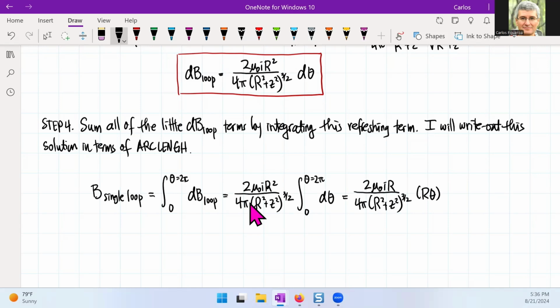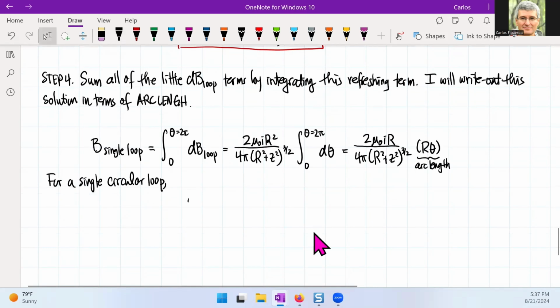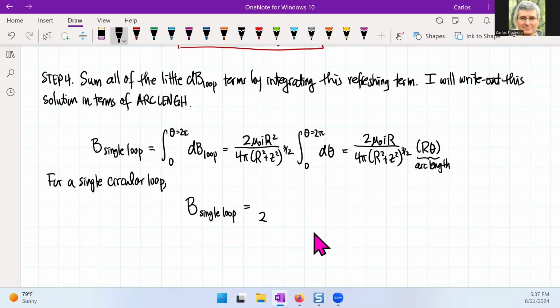Of course, this is the arc length. For a single circular loop, the magnetic field then reads, by the way, I think there's a 2 there, 2r squared plus z squared to the 3 halves of mu naught I r squared, and that is what the magnetic field is right there.